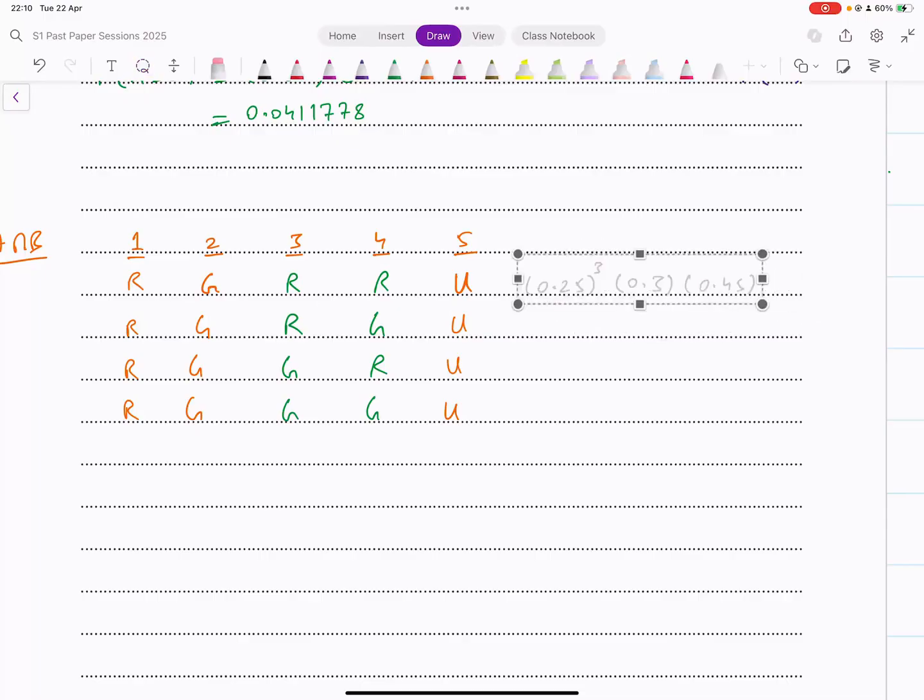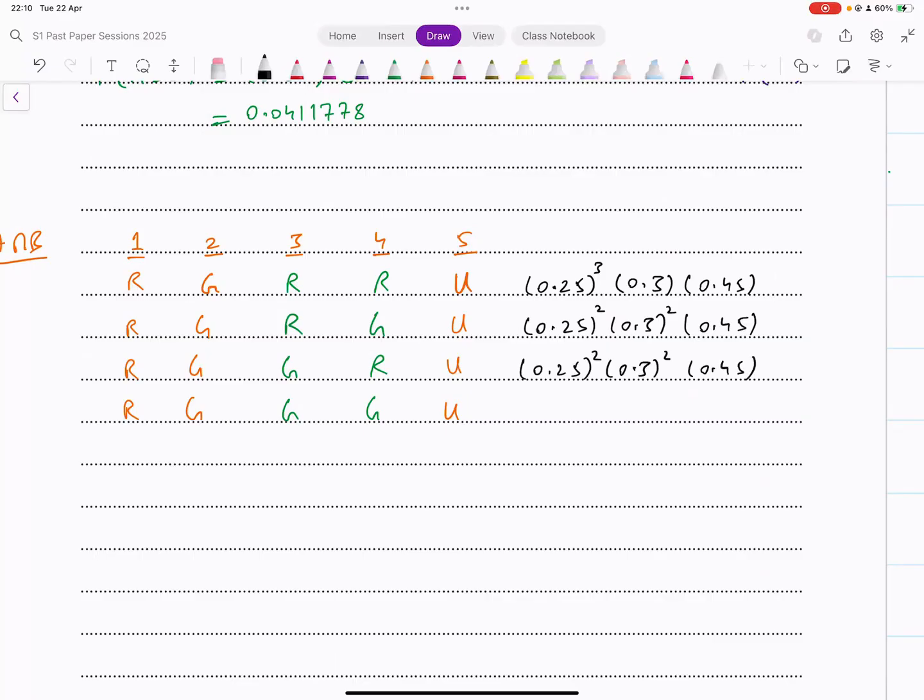Similarly, write down the probabilities for the rest of the cases. In the second one, you've got 2 reds, so that's 0.25 raised to power 2, 0.3 raised to power 2 because we have 2 golds, and then 0.45. In the next one, again, you've got 2 reds and 2 golds, 0.25 raised to power 2, 0.3 raised to power 2, and 0.45.